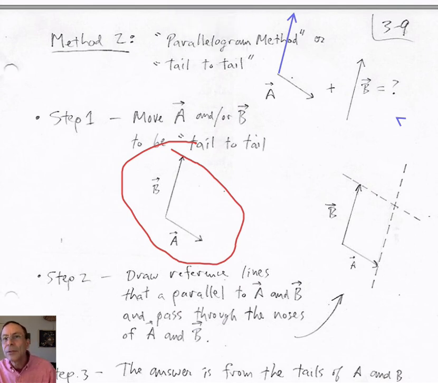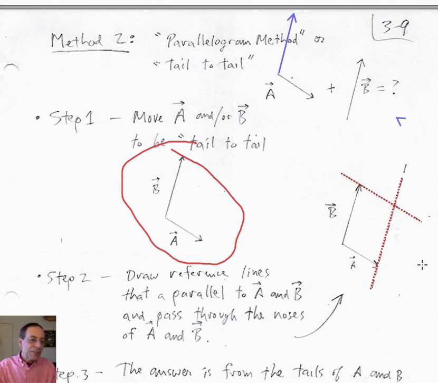I'm going to draw a line parallel to B, but it has to go through the tip of A. So I'm drawing a reference line here. And I also have to draw another reference line. It's got to be parallel to A and go through the tip of B. And so it goes like that.